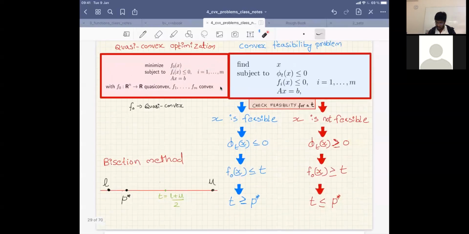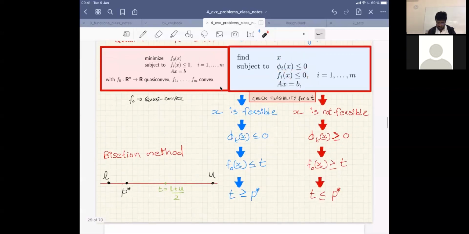Remember, you can ask a question. If x is not feasible, then the infeasibility can come from this inequality being violated, but the point here is that we are considering x from the feasible region. It will be clear soon.